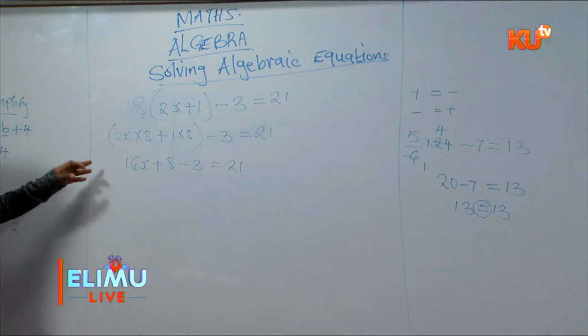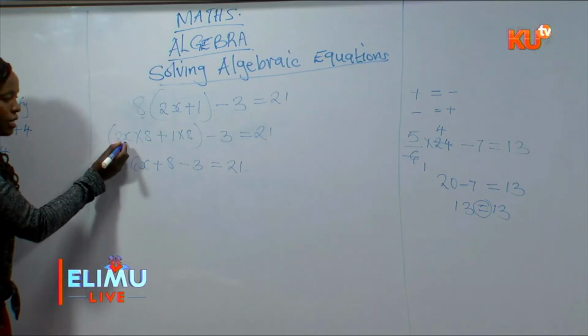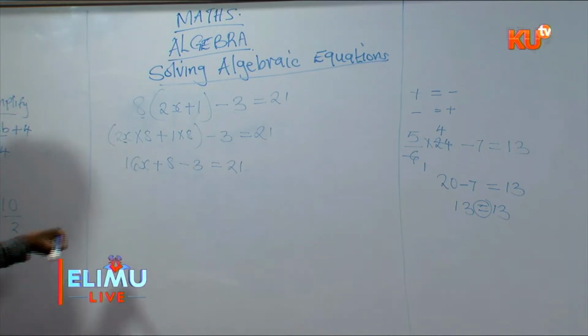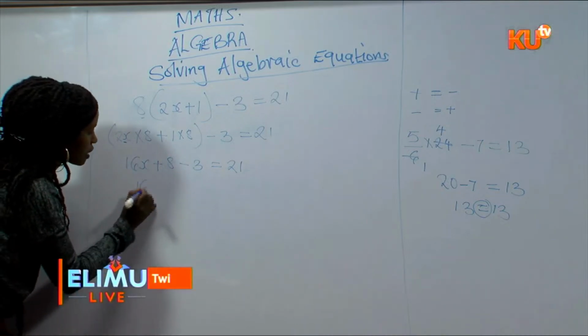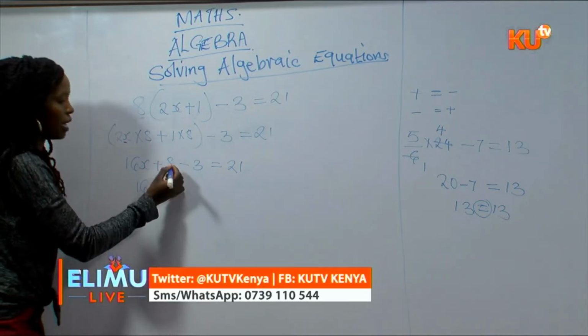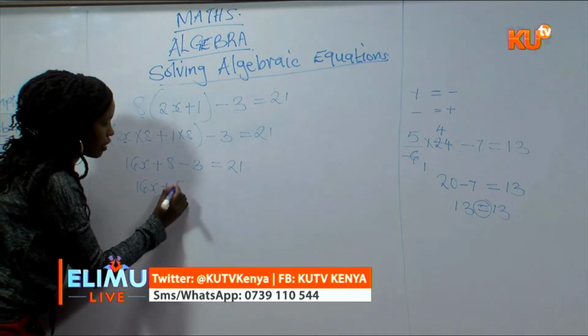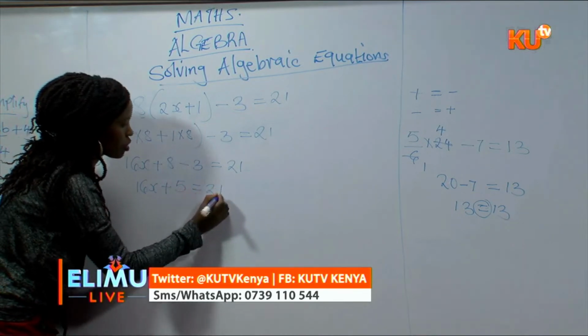Anytime you're solving algebraic equations, make sure that you don't forget the letters. So I have 16x plus 8 minus 3, I get 5, is equal to 21.